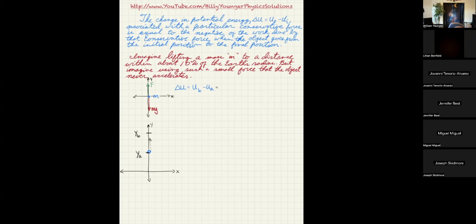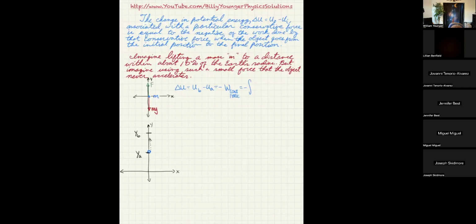According to the definition above that I wrote in blue, it's actually supposed to be equal to the negative of the work done by the conservative force. So that's going to be equal to the negative integral of the gravitational force.